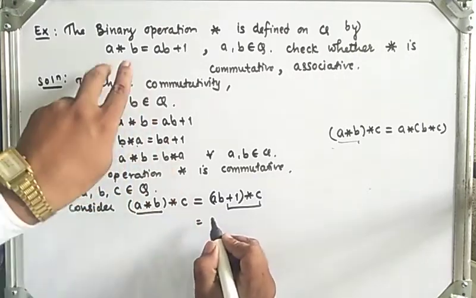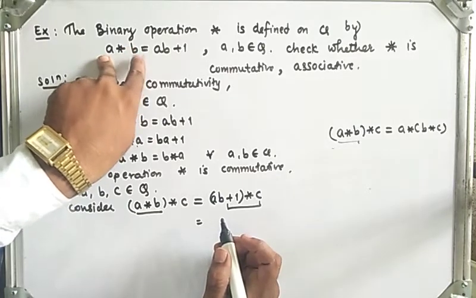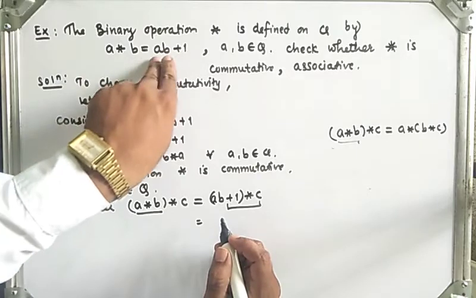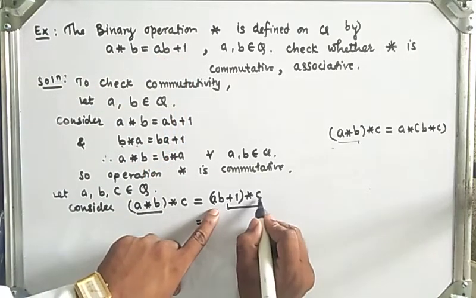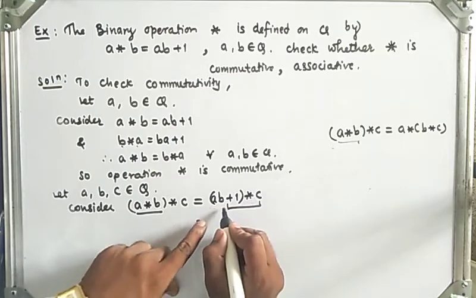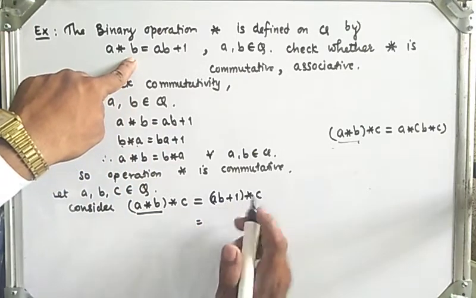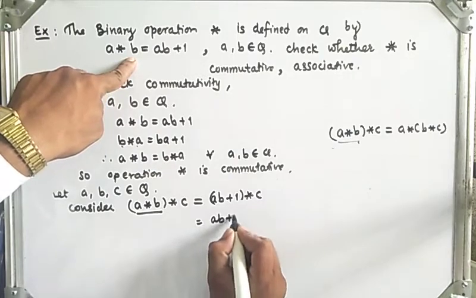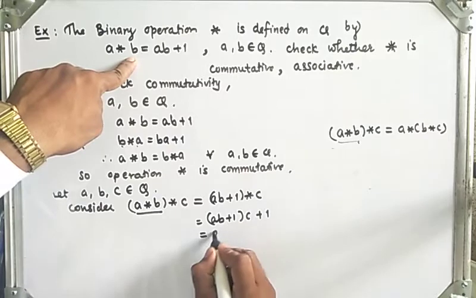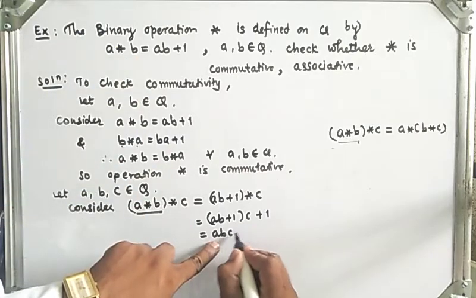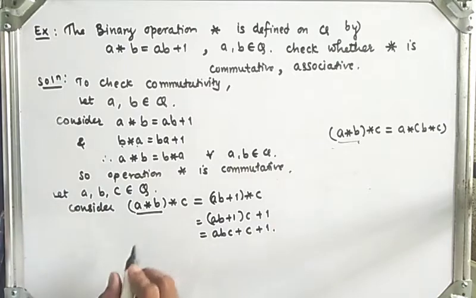If A and B are two elements, then this can be represented as the product of these two plus 1. So A into B plus 1 is the first element and C is the second element. By using this property we get the product of these two elements, so (A into B plus 1) into C plus 1. After solving, A into B into C plus C plus 1, which is the LHS.